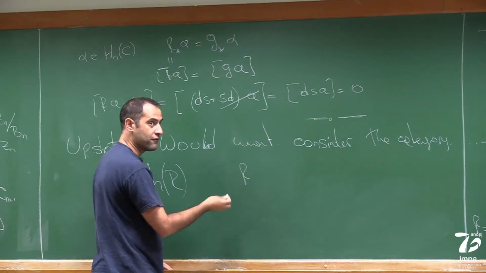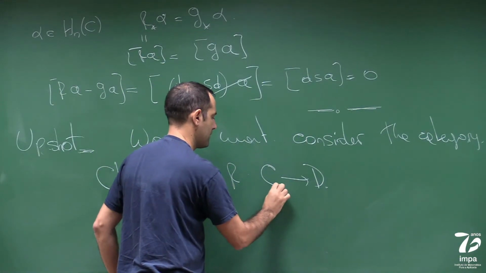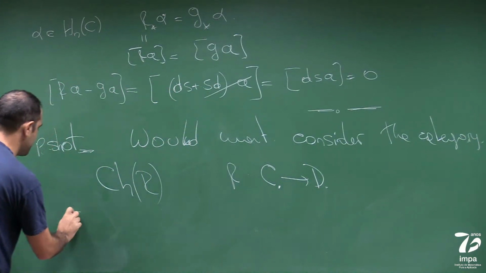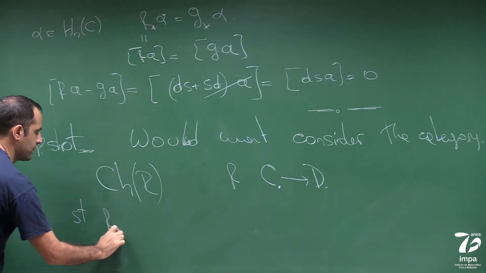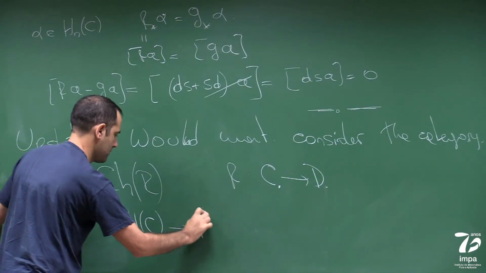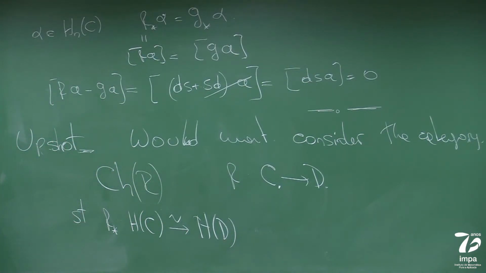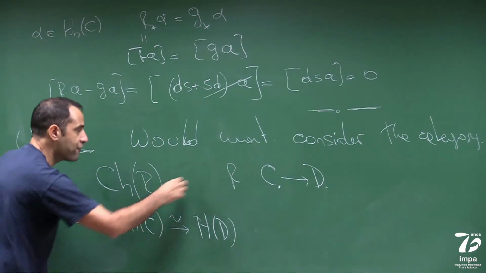Whenever I have some F, which is a map between C and D, such that this is an isomorphism in homology, then I want to declare F to be an isomorphism.